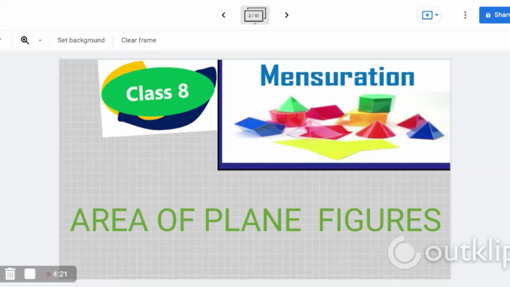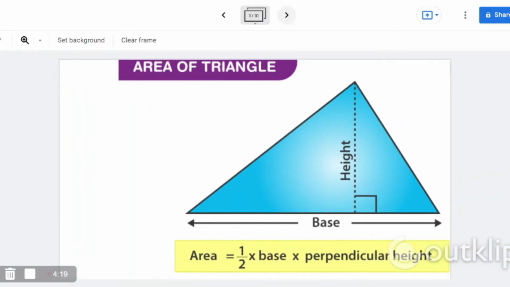Now please look at this diagram. What is this? You can see a big triangle is given here, and this triangle has got a base. This is the base on which the triangle is landing, and there is a perpendicular height. This is called perpendicular height or height.